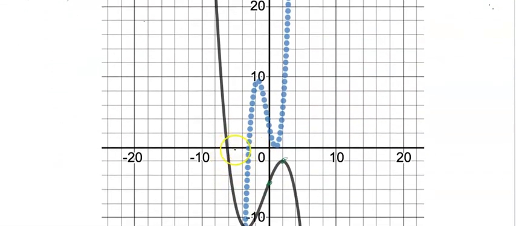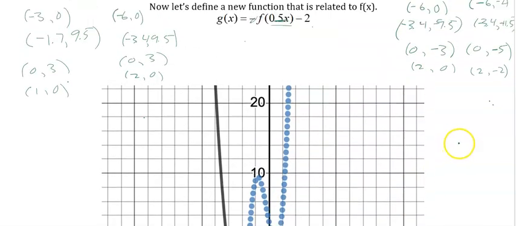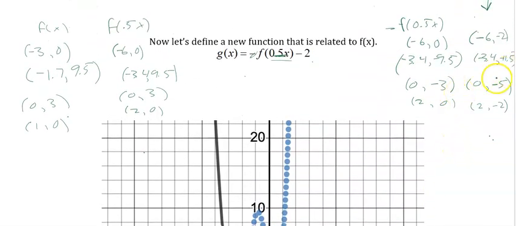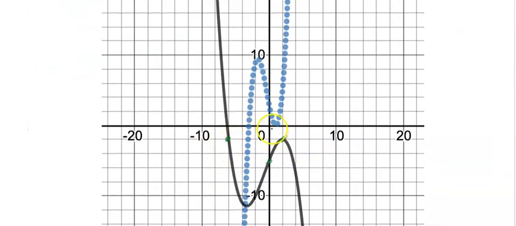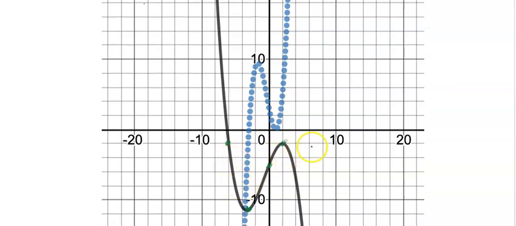So negative 6, negative 2 is right there. Negative 3.4, negative 11.5. That's going to be a little trickier to figure out. But that's 2, that's 4, 3.4 would be in here somewhere. A little trickier to graph. But you can see that this process, and if I used more points, I would fill in more points, shows me points on the graph.